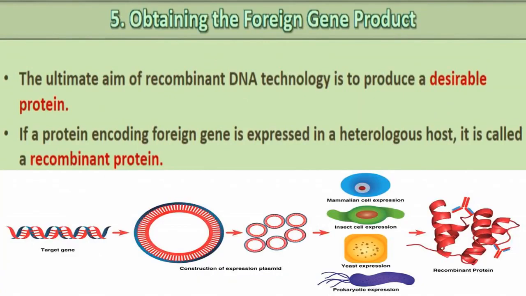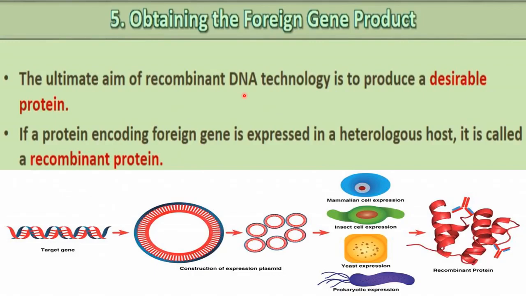After transformation, the next step is to obtain the foreign gene product. So the ultimate aim of recombinant DNA technology is to produce a desirable protein. Okay, what is the ultimate aim? For what we are doing this complete technology, recombinant DNA technology? To get the desirable protein.